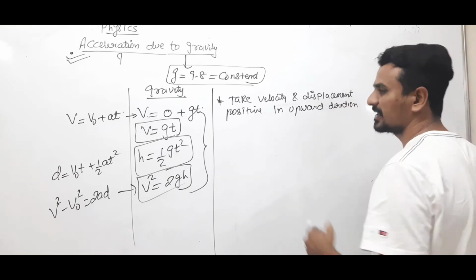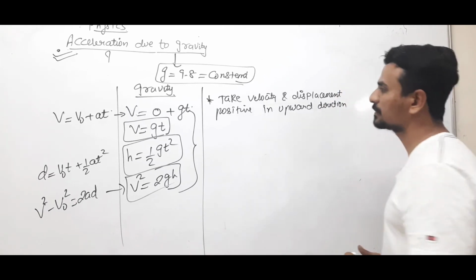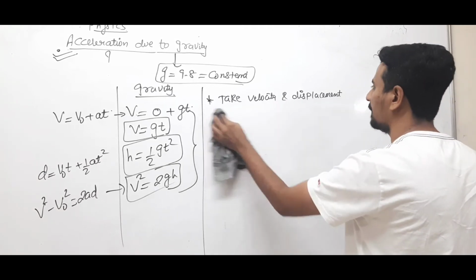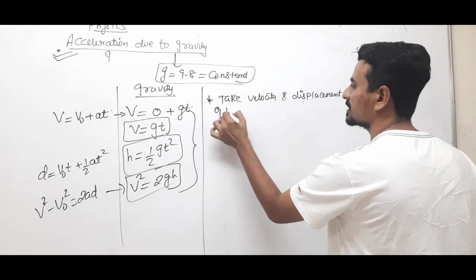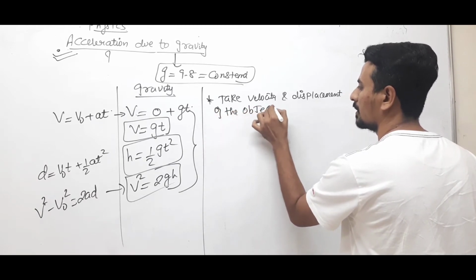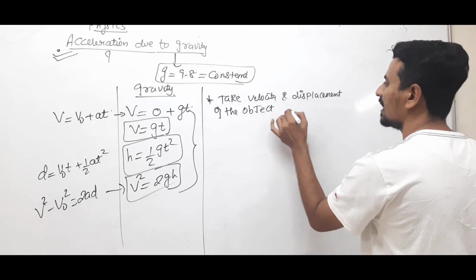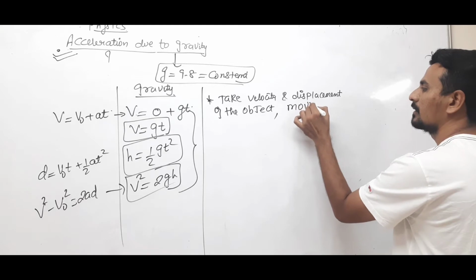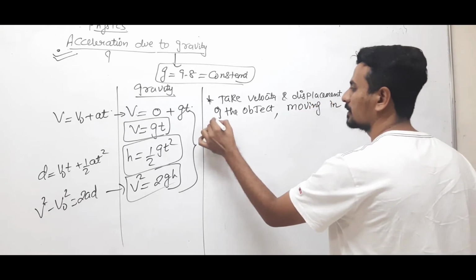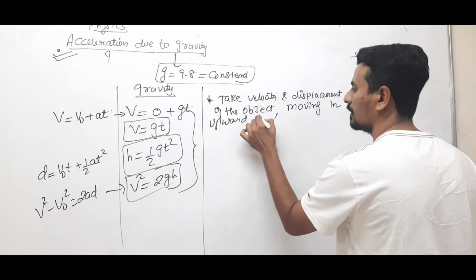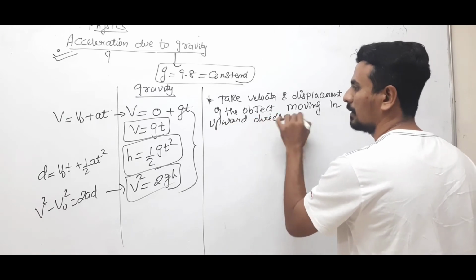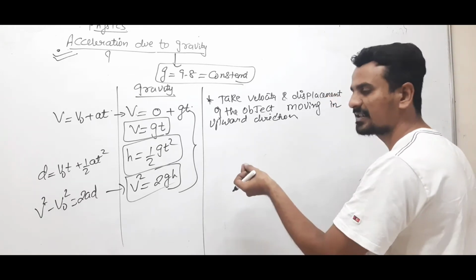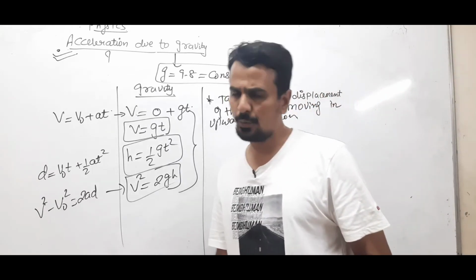Or when the motion is in upward direction, take velocity and displacement of the object positive. That means if I am throwing any object in upward direction, then the velocity of the object and the displacement both are taken positive.